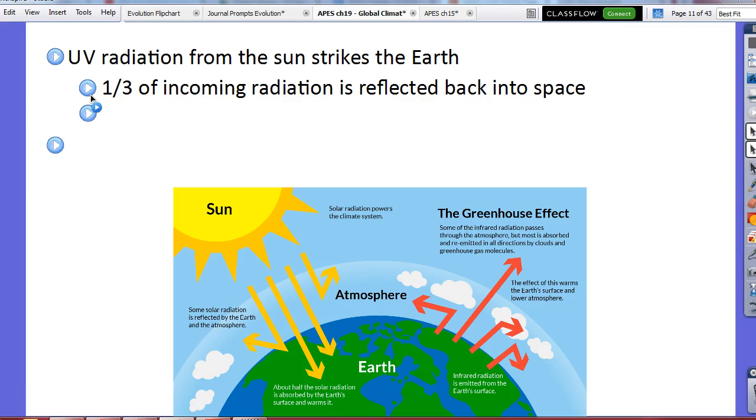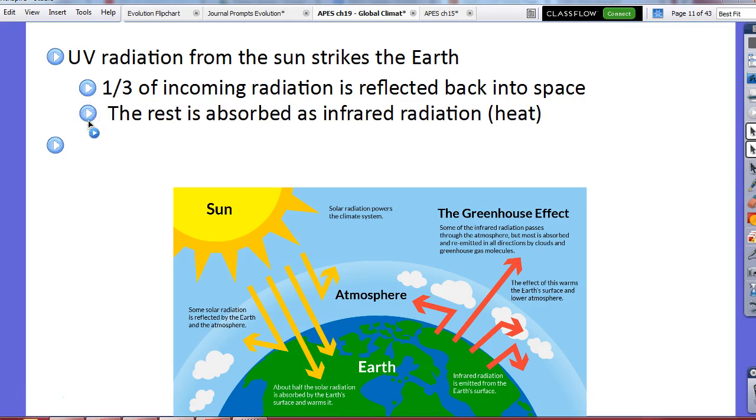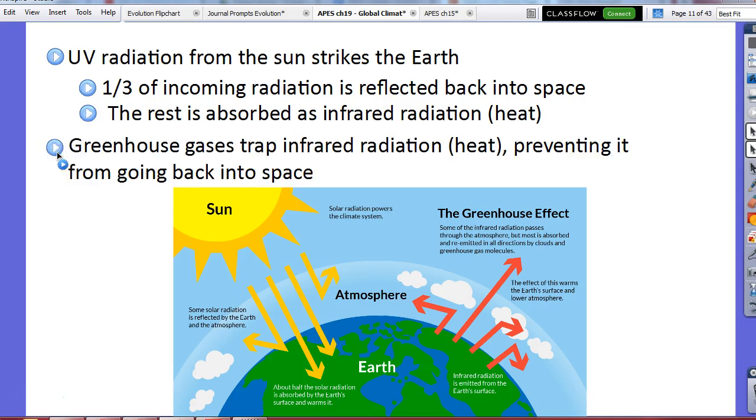So some of that sunlight's reflected back, but the rest is absorbed as infrared radiation or heat. And the greenhouse gases trap this heat in, preventing it from going back into space. So more greenhouse gases mean more of that heat is going to get trapped inside of the atmosphere. Once you're done writing that, flip to the next page. We're going to color.